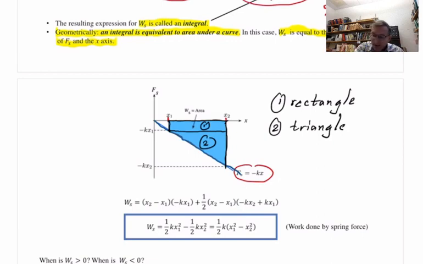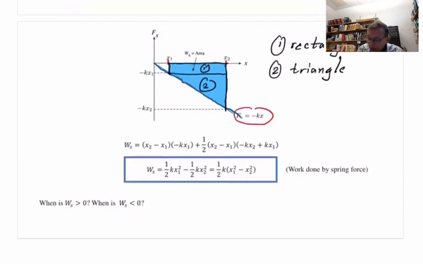So that's what's going to happen next. Let's do the rectangle first. I need this area right there. Well, the area of a rectangle is length times width, or length times height, whatever word you want to use. The dimension this way multiplied by the dimension this way.